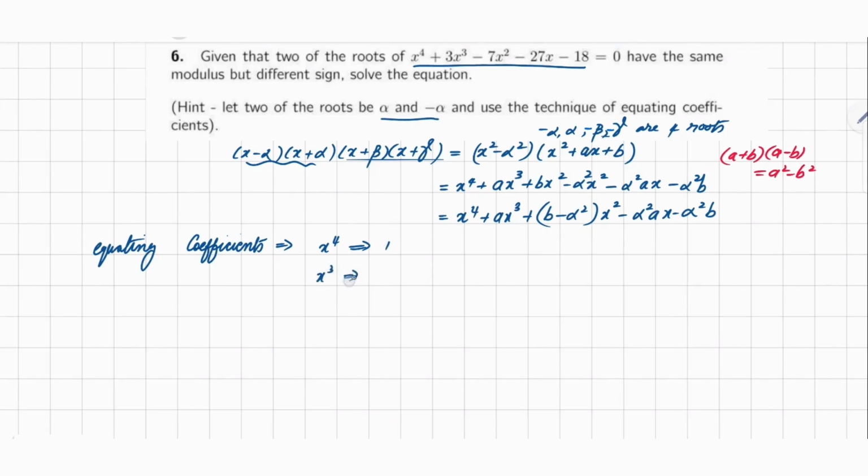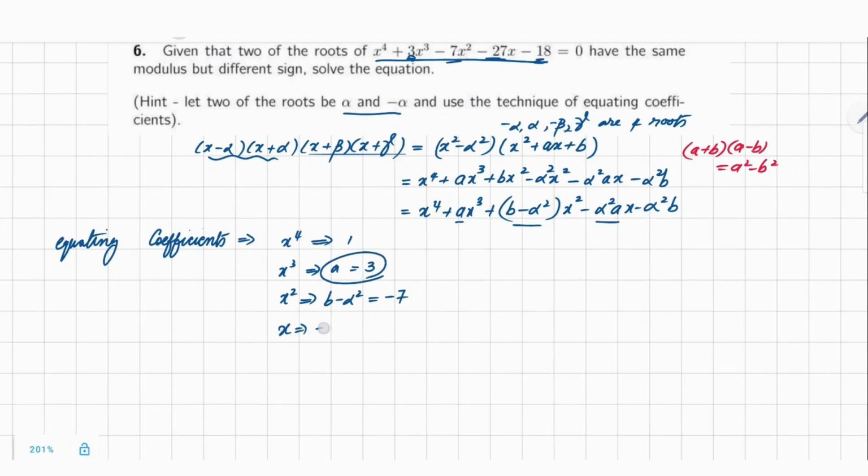Coefficient of x cubed is a over here and 3. For x squared, it's b minus alpha squared and minus 7. For x, it is given by minus alpha squared times a equals minus 27. And the constant is given by minus alpha squared b equals minus 18.